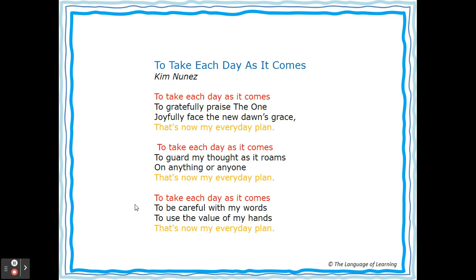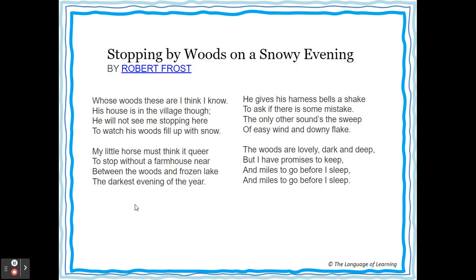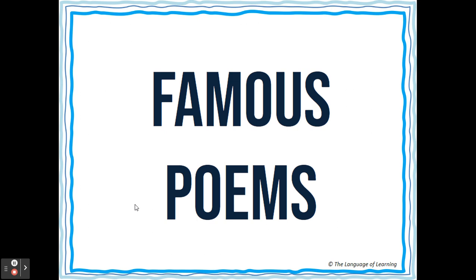Why do you think they're repeating that? All right, next one is called Stopping by Woods on a Snowy Evening. So go ahead and pause and read this one and look for that repetition. There you go. And miles to go before I sleep, and miles to go before I sleep.